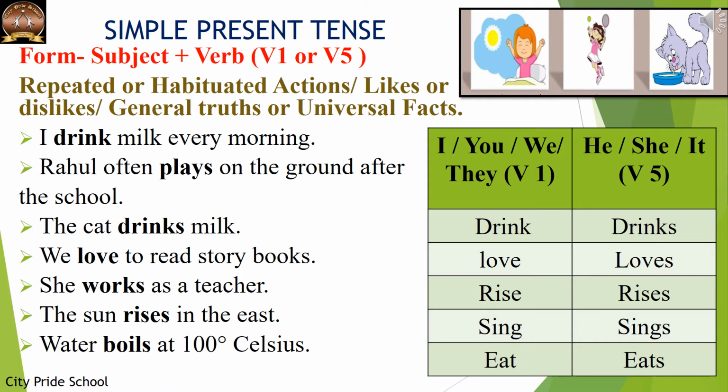Fourth sentence, we love to read story books. It talks about the likes and dislikes of a person. She works as a teacher. It's a fact. The sun rises in the east and water boils at 100 degrees Celsius is the universal fact. So, that is the simple present tense.